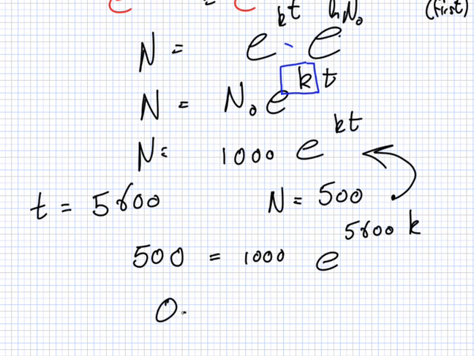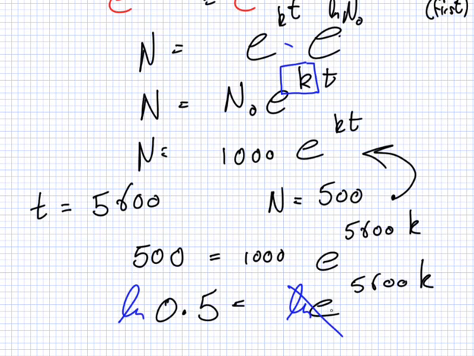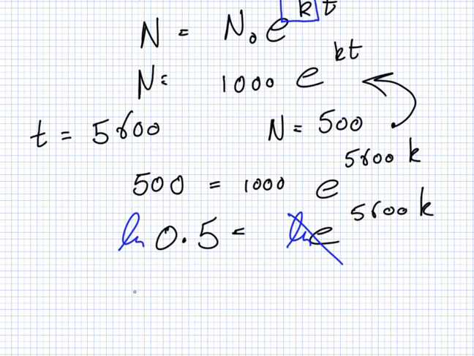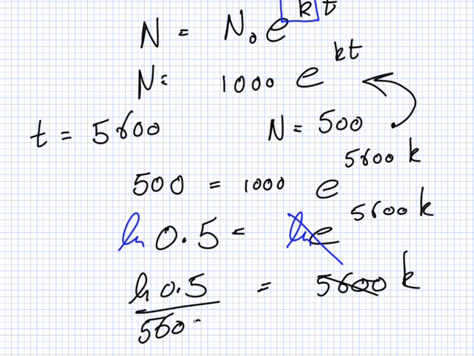So this is 0.5 equals e power 5600k, since 500 over 1,000 is a half. I take log of both sides and they cancel. So I get log 0.5 equals 5600k. Divide by 5600, I mean.